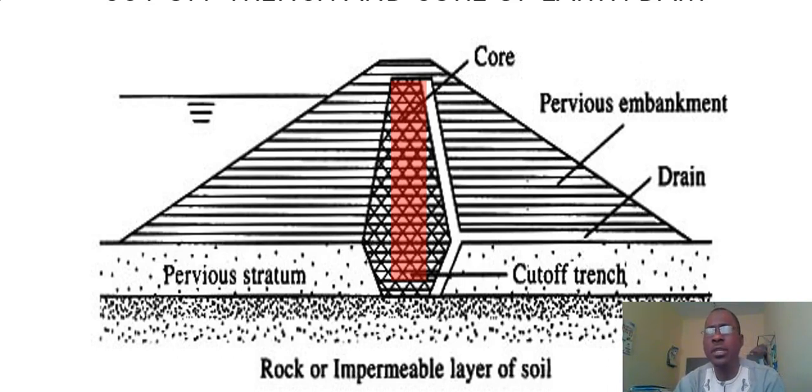There's the upstream, there's the downstream, and then just below the embankment there is a drain and a long parallel drain on the side. So these are very good designs.